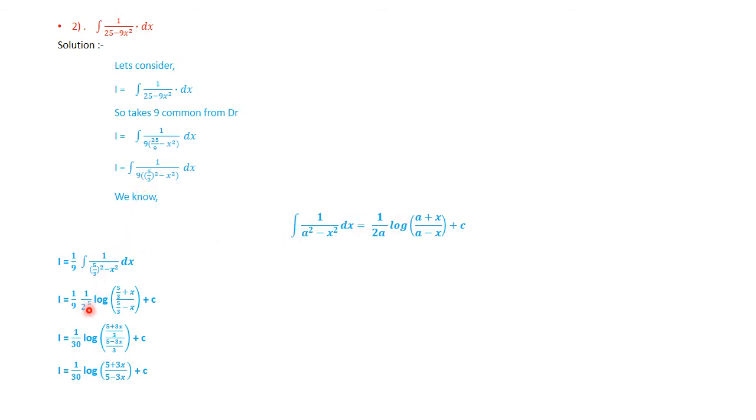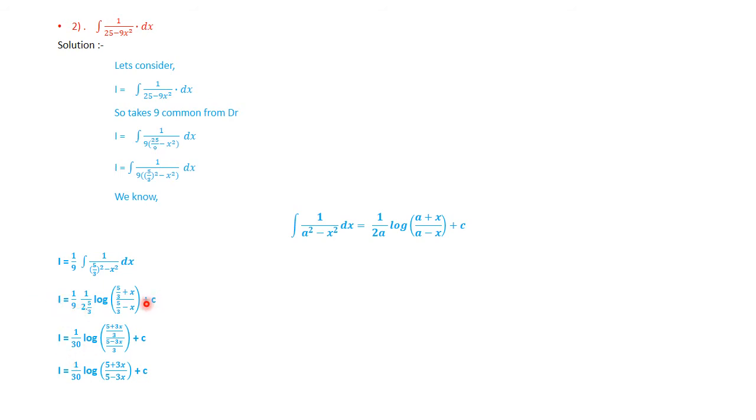It is 5 by 3. 1 by 9 is already taken outside, and twice into a, 5 by 3, into log of a plus x by a minus x plus c. Therefore I is equal to, here 3 3s are 9, so 5 into 2 is 10, and 10 into 3 is 30, and log of.